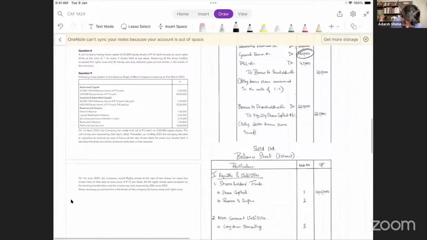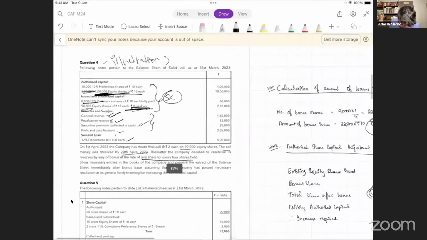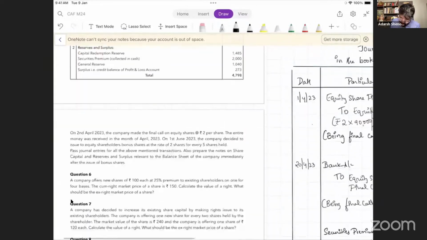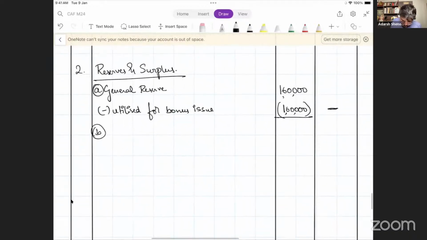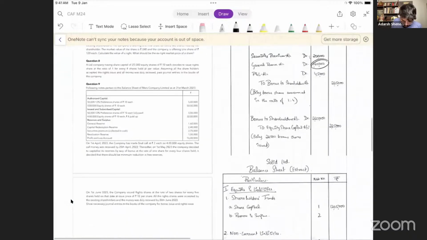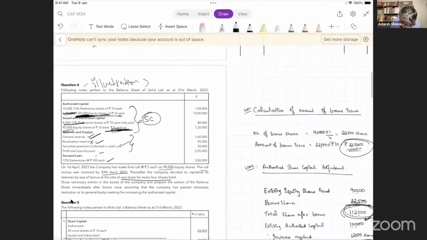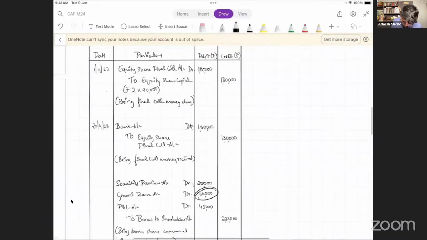Next I have revaluation reserve. Have we used the revaluation reserve for anything? No, it's as it is. We can't use it for bonus issue either. 35,000.